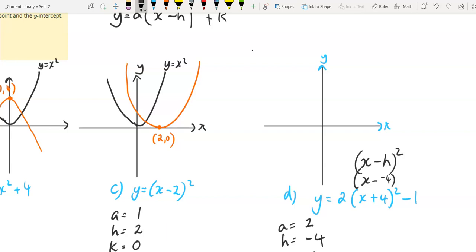Once I've done that, I can then, whoops, I haven't got my general form there. And I get that. Yeah, it should be narrower.